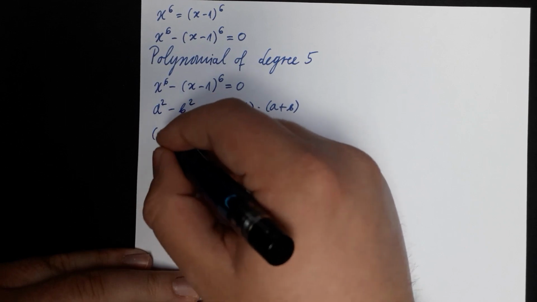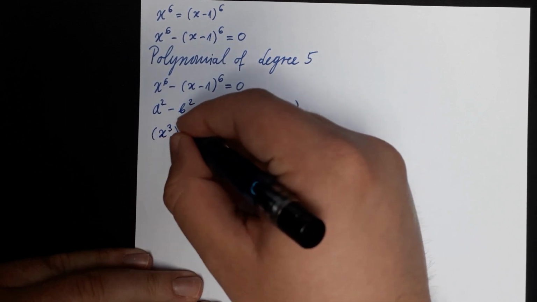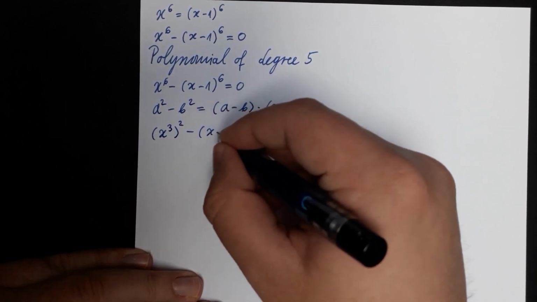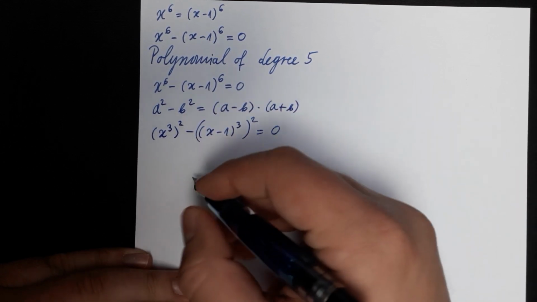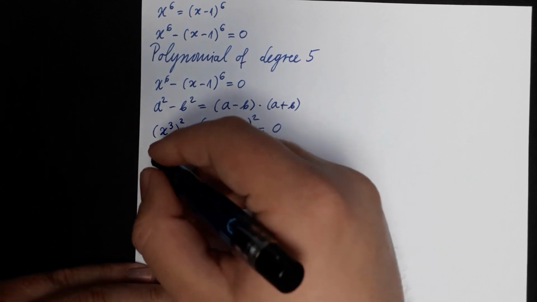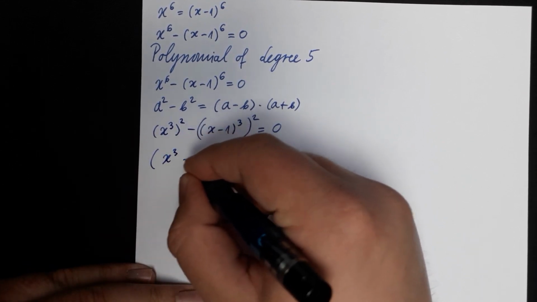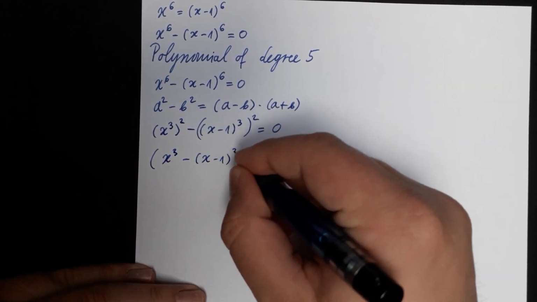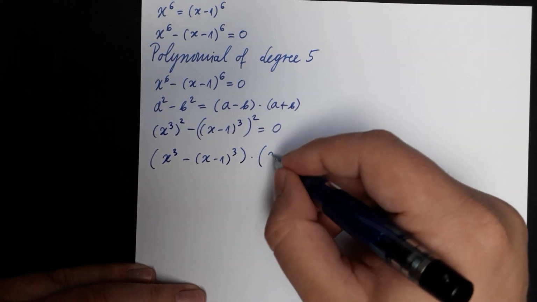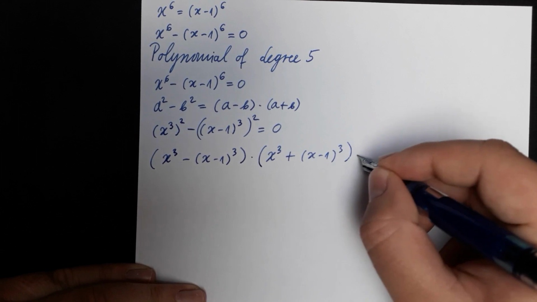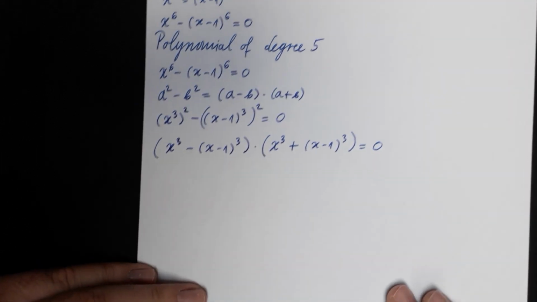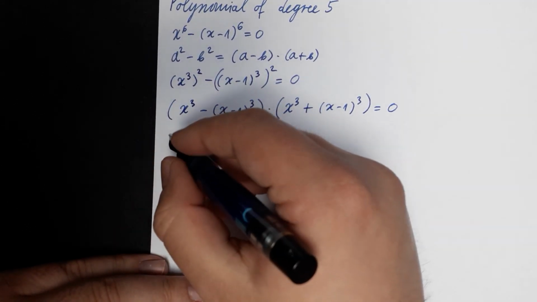So x to the power 6 we can write as (x cubed) squared minus ((x minus 1) cubed) squared equal to 0. So we are going to have (x to the power 3 minus (x minus 1) to the power 3) times (x to the power 3 plus (x minus 1) to the power 3), which is then equal to 0. And this leaves us with two cases.